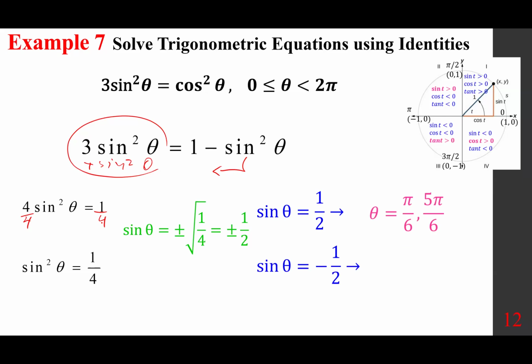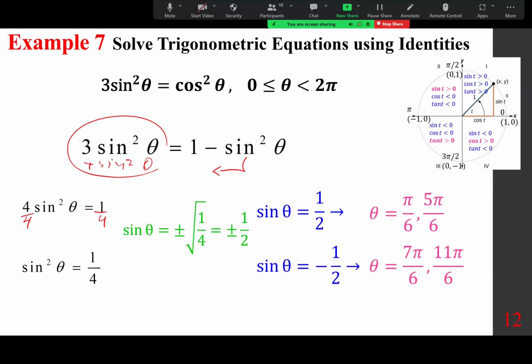And in the previous page, we showed that the answers are 7 pi over 6 and 11 pi over 6. I've explained that from the previous page, in the beginning. So there are 4 answers, therefore.